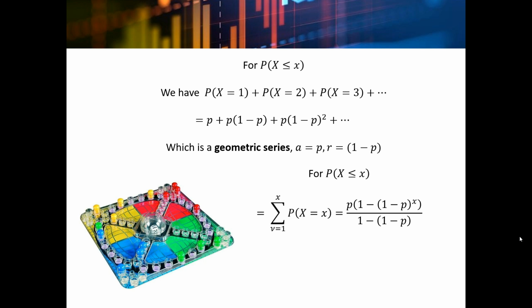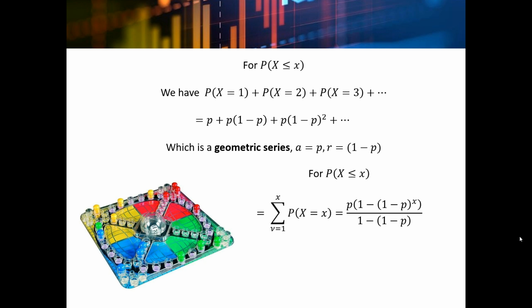And then if you use the sum for the geometric, it's a lots of 1 minus r to the n over 1 minus r. So here we've got p as a, 1 minus r, which is 1 minus p to the number of trials, which is x, over 1 minus, 1 minus p. And of course, that could do with some developing.